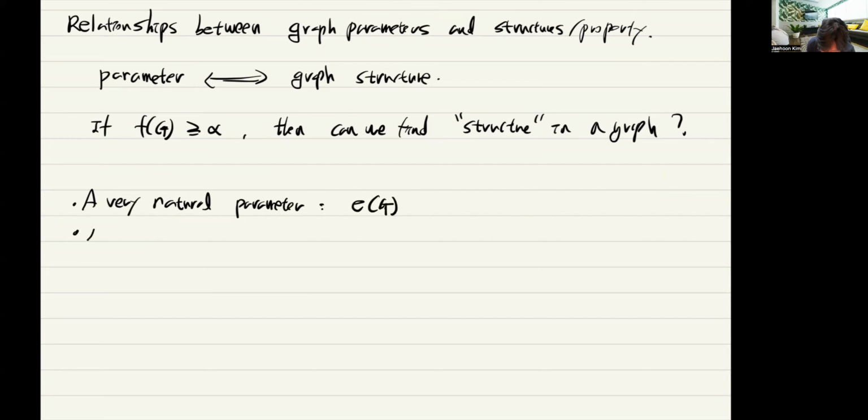And a very natural structure we can consider is a subgraph. More specifically, a specific subgraph.